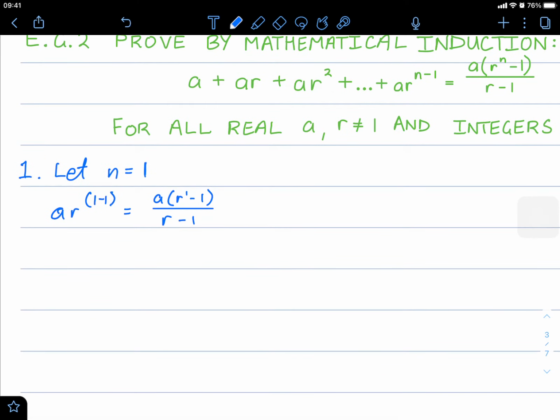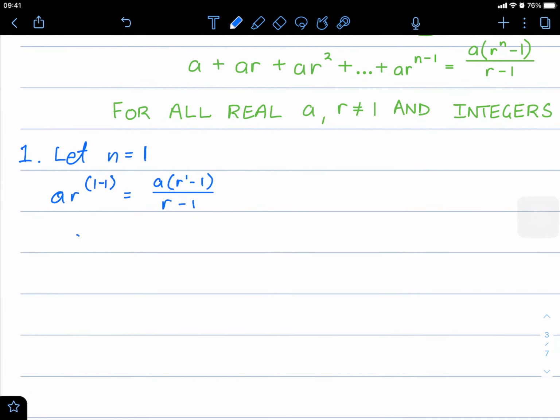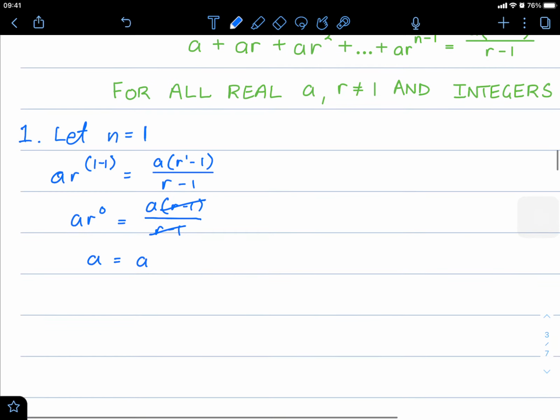Notice how we're only changing the values of n. This becomes a times r to the power of 0 over r minus 1. Well, that just becomes a, because r to the power of 0 is 1, and these two cancel, leaving us with a.